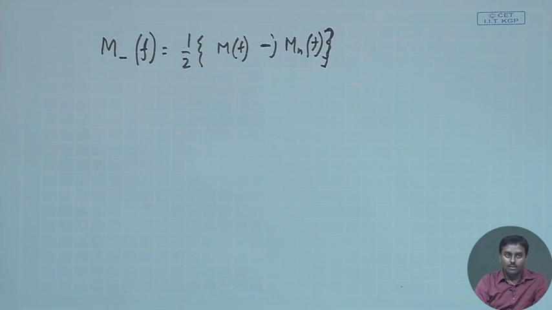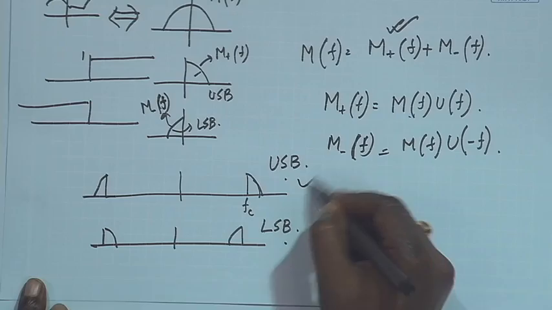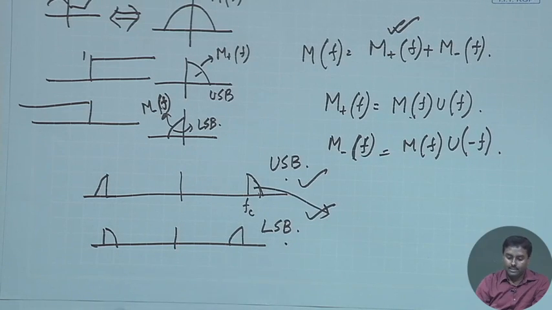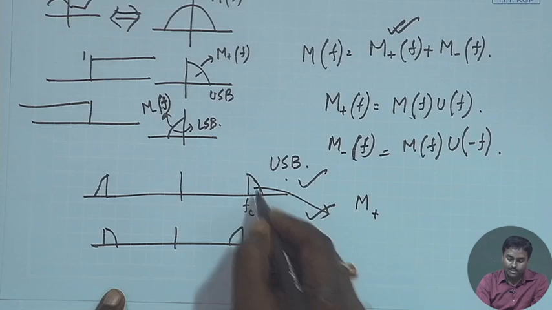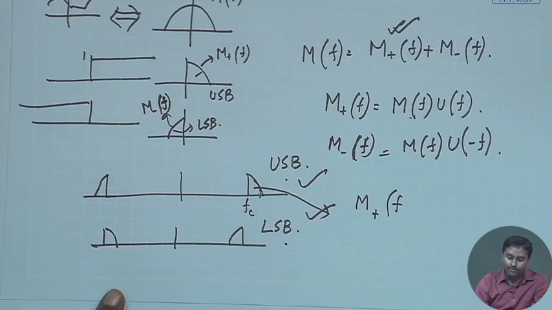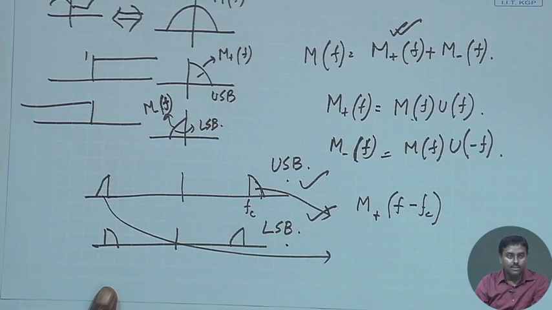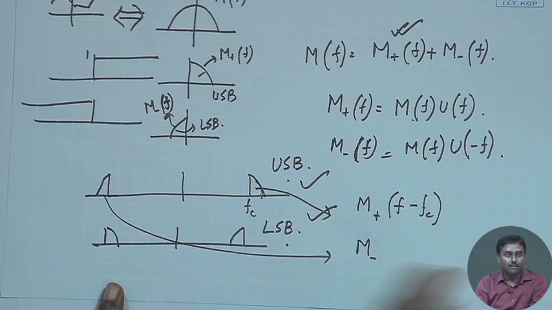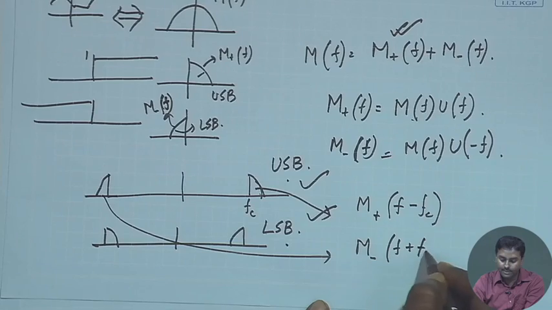So, now knowing these two things, let us try to represent this SSB with USB. Okay. So, what is this part? This part is just M plus, this is the plus half, f translated at fc, right. So, it must be M plus (f minus fc), and this part, what is this? This is M minus, the minus half translated at minus fc. So, that must be f plus fc.